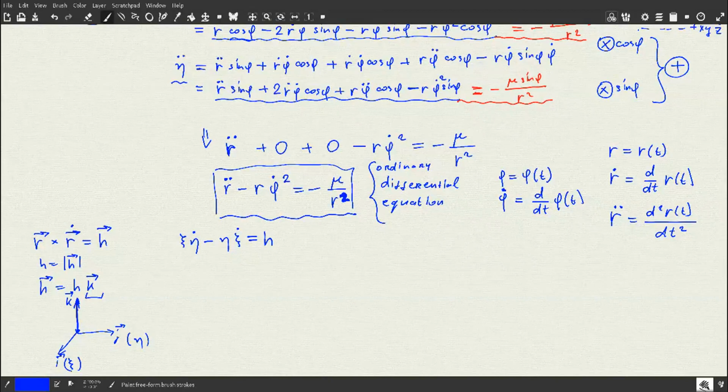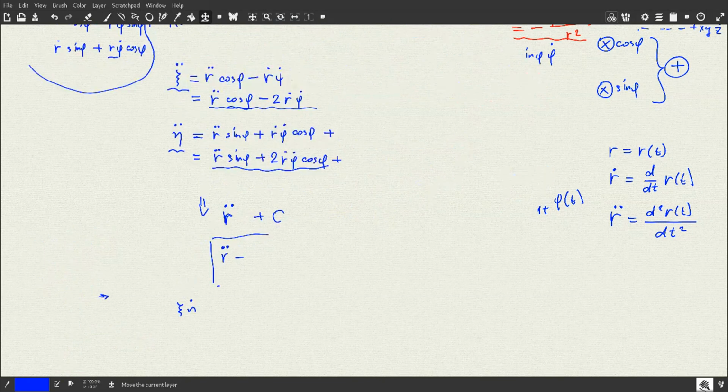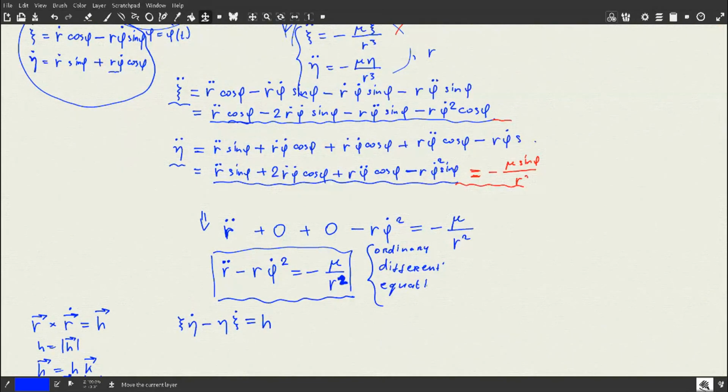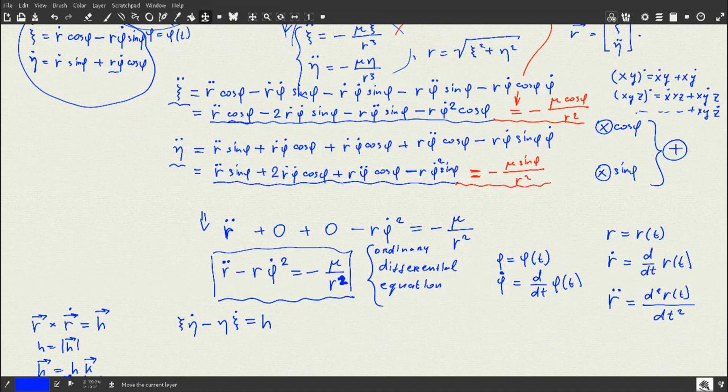So how would this one be converted into polar coordinates? Because we can do this one in polar coordinates as well.